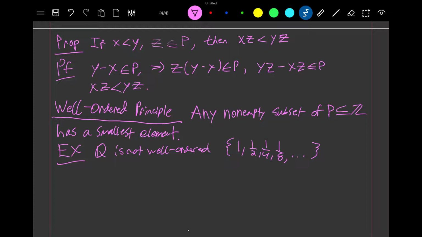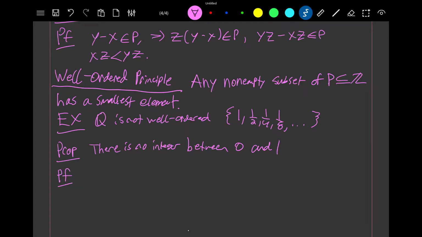So let's do this. Here's a proposition. There is no integer between 0 and 1.